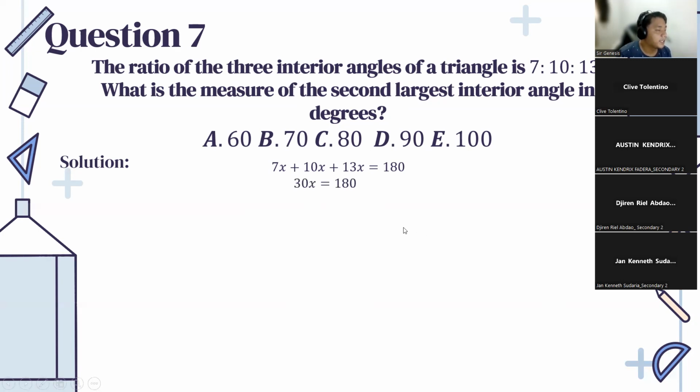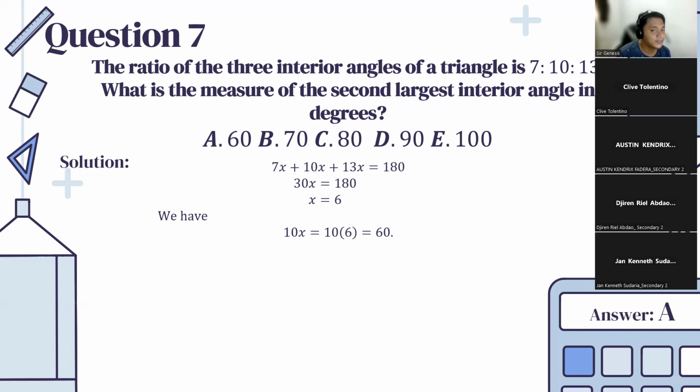So that will be 30x is equal to 180 or x is equal to 6. The question asks for the second largest interior angle. So we have 10x is equal to 10 times 6, which is equal to 60. So the answer for number 7 is letter A. So this one is easy.